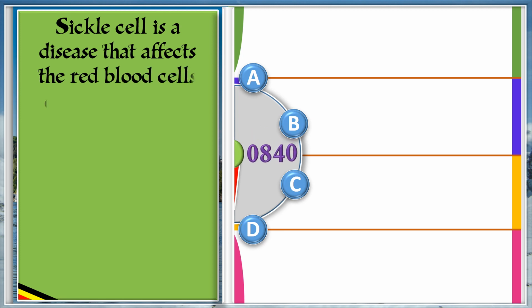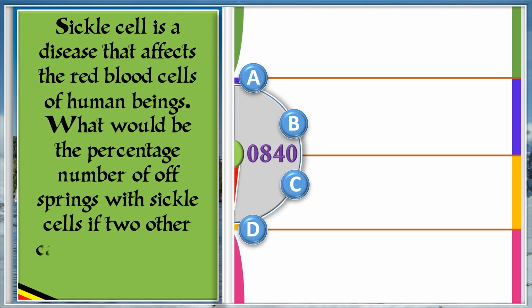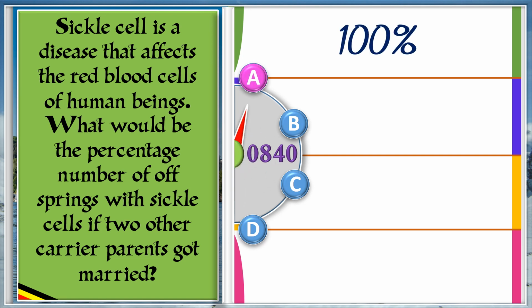Sickle cell is a disease that affects the red blood cells of human beings. What would be the percentage number of the offsprings with sickle cells if two carrier parents got married? A. 100%.